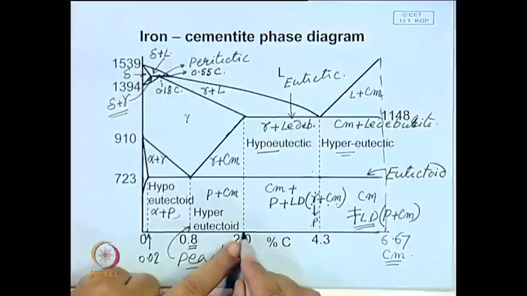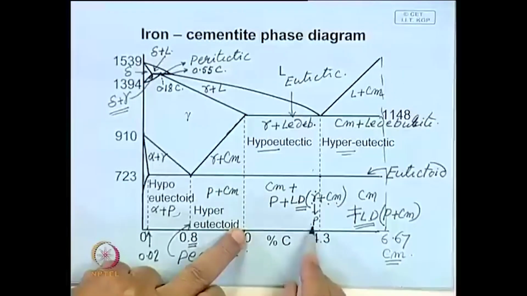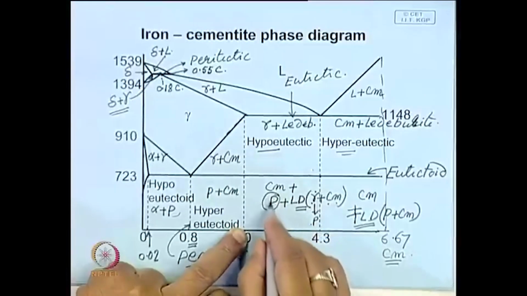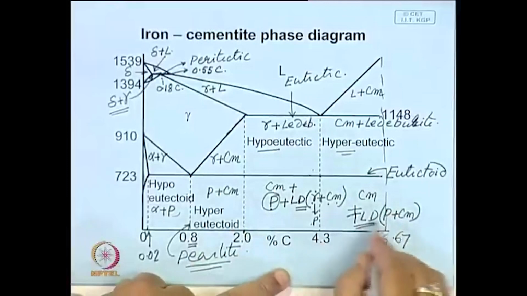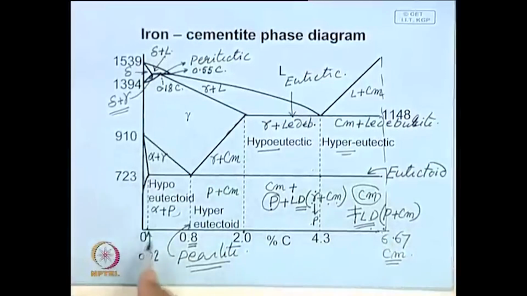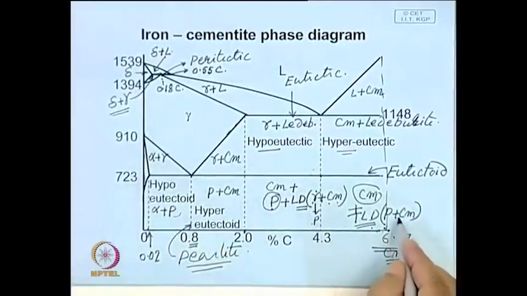When you go beyond this 2%, then the transformed eutectic will also appear, and some amount of austenite, which has been transformed into pearlite. And here you will get cementite and transformed ledeburite. So, that means as carbon content is changed from 0 to 6.6, you get a significant change in the microstructure, from pure ferrite, that means pure iron, to an extreme case, that is iron carbide.